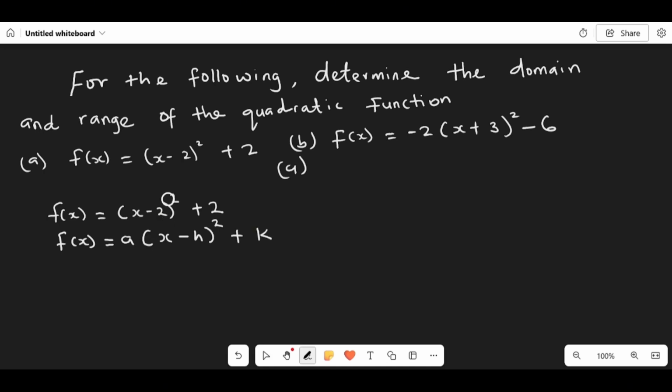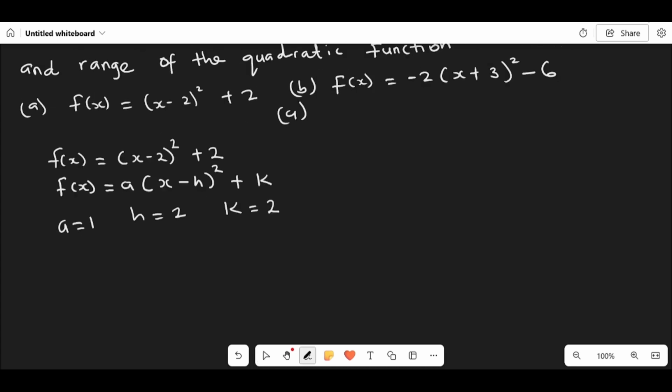Now if we compare these two equations together, we will see that our value of a is 1 because we can write 1 here. a = 1 and our h will be 2. h = 2, and our k here will also be 2. k = 2.